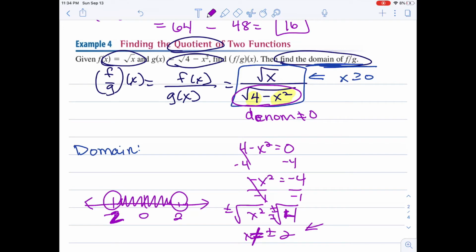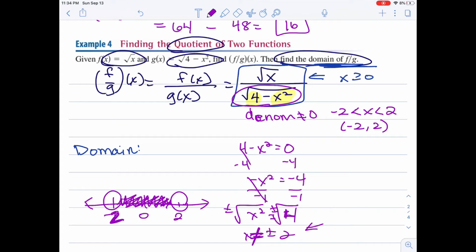So our x values on the denominator have to be in between -2 and 2. The way that we would say that is -2 is less than x is less than 2, or in interval notation, parentheses -2 comma 2.